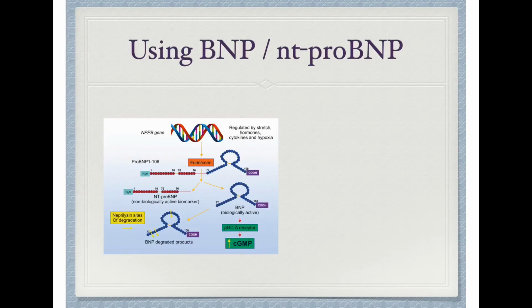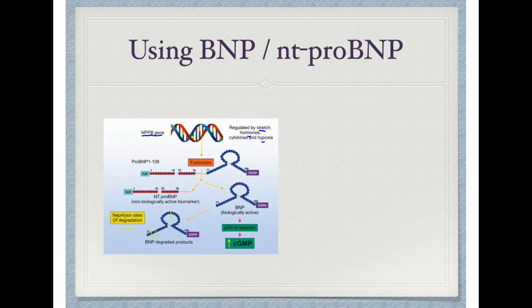Here's a diagram of how N-terminal proBNP and BNP fit together. Inside the cardiac myocytes, there's a gene called the NPPB gene. Transcription of this gene is increased whenever the cardiac muscles are under stretch, also when they're under the influence of certain hormones and hypoxia. In these situations, the propeptide, proBNP 1-108, is produced.